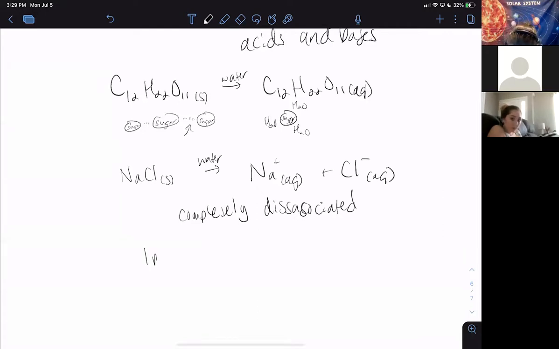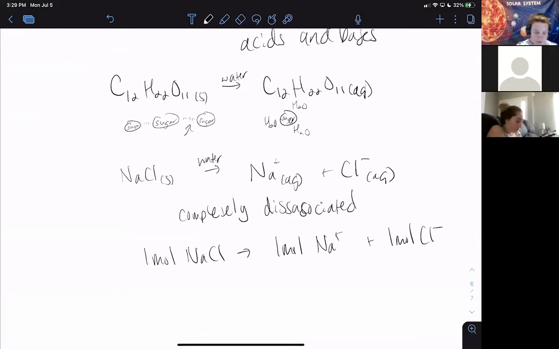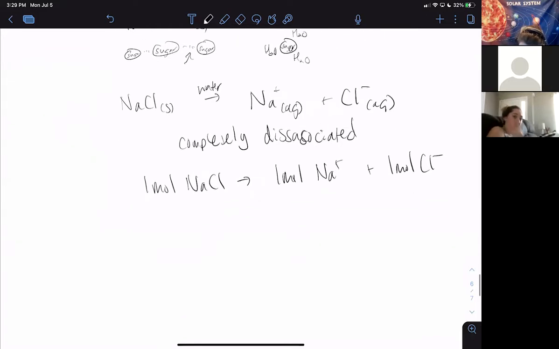So for every 1 mole of sodium chloride that you start out with, you produce 1 mole of sodium ions and 1 mole of chloride ions. So there is no intact sodium chloride. The difference here is with sodium chloride, these are ions that are held together by ionic bonds.